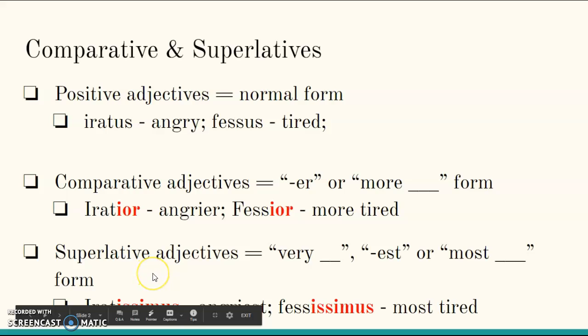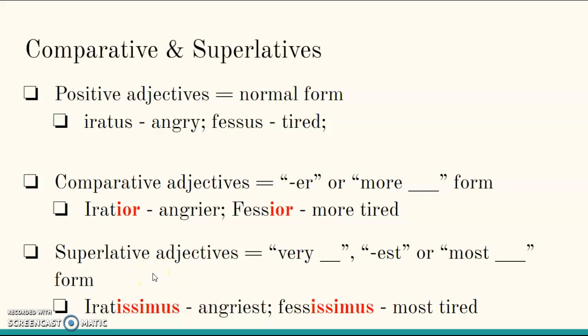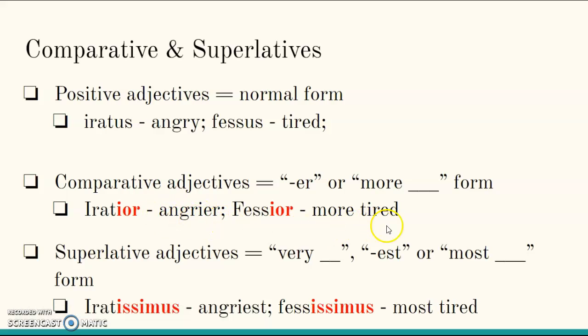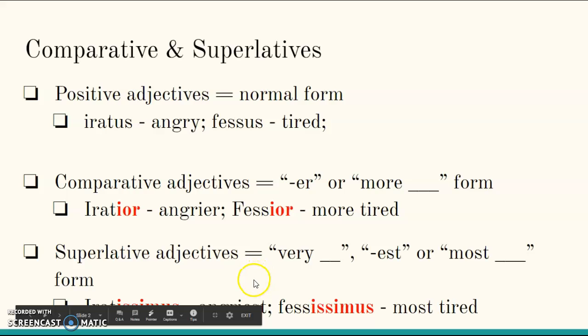Superlative adjectives you can tell them because they have the issimus, issima, issimum endings, and they follow first or second declension endings depending on the thing they're describing. We'll see this happen more later. Comparative degree adjectives are defined by the blanker definition or the more blank definition, angrier or more tired. Superlatives, the blankest or very blank, angriest or most tired.